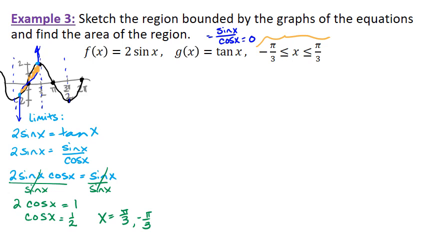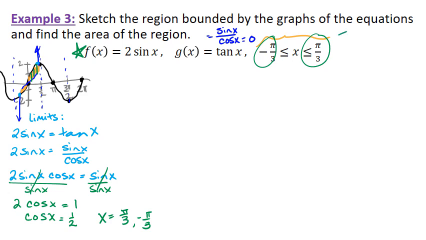So we have just verified that these are our intersection values for x. Now we need to figure out if we're going to do a top minus bottom or right minus left case. Here, the top function is always the sine function. So the top minus bottom case is probably the way to go.